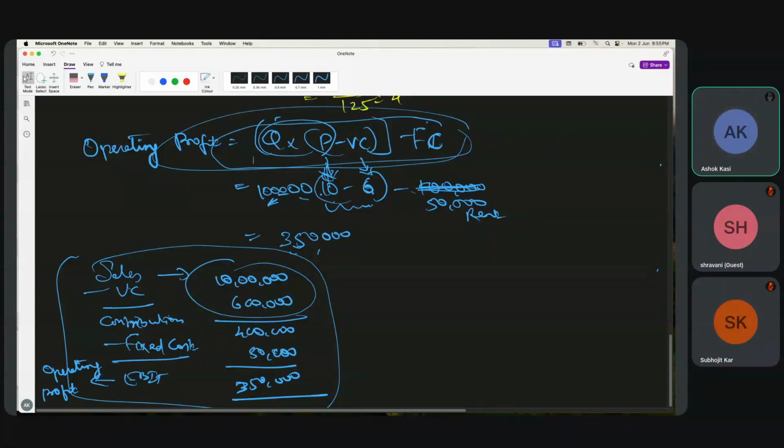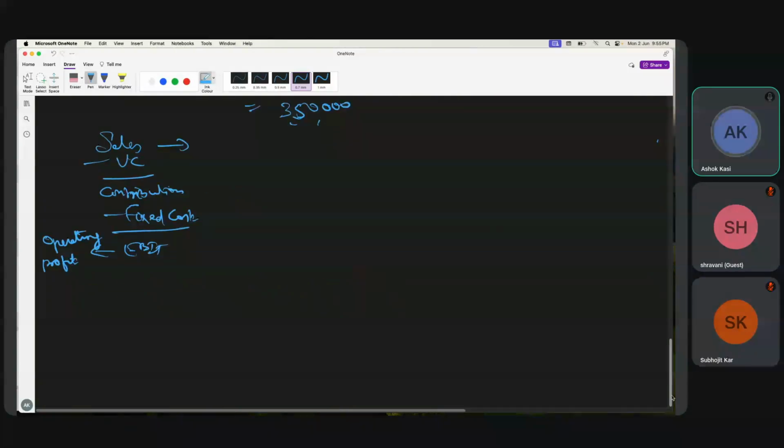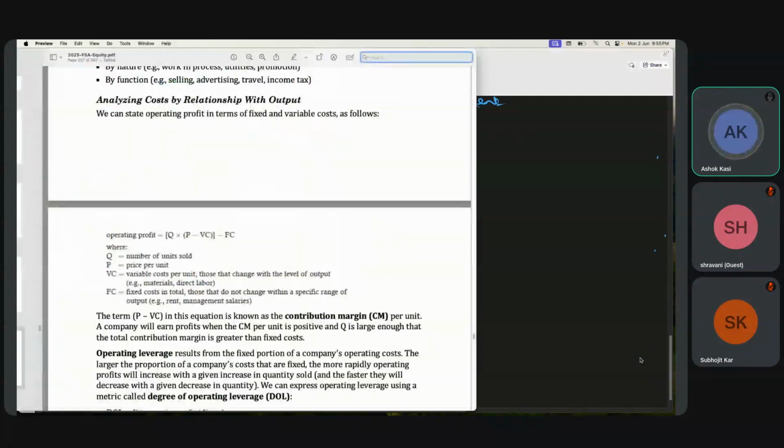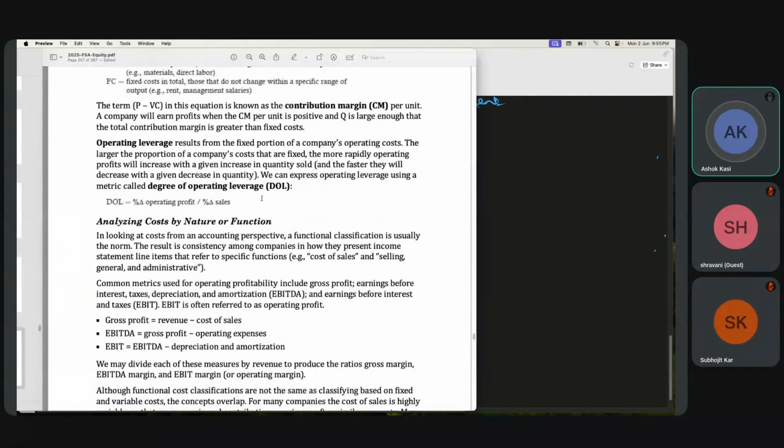Is it okay? So this is what this formula is all about.